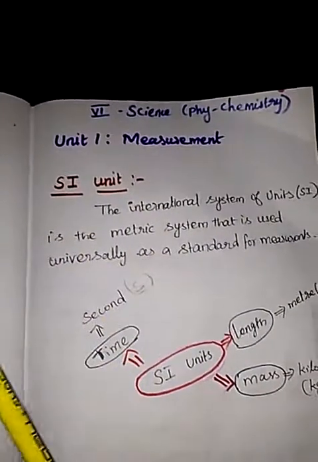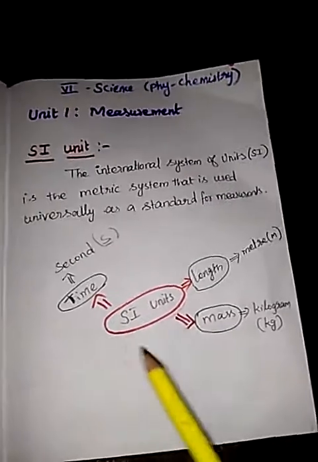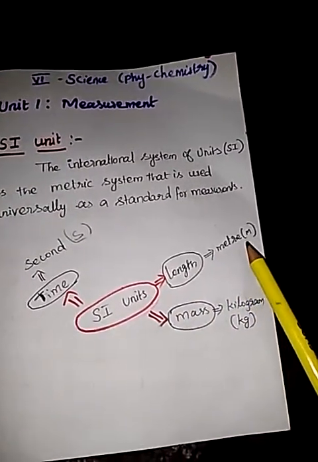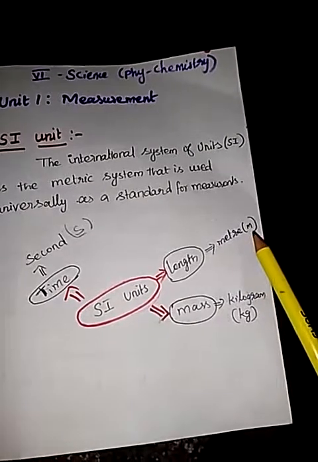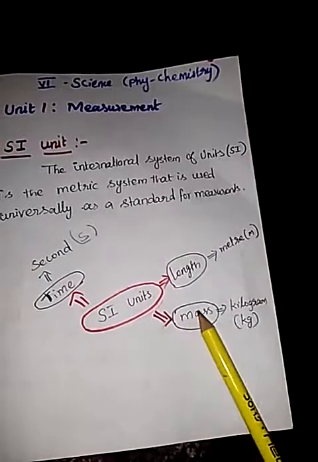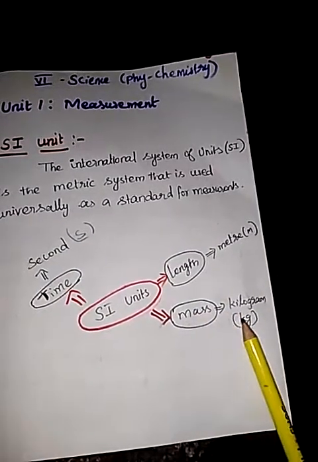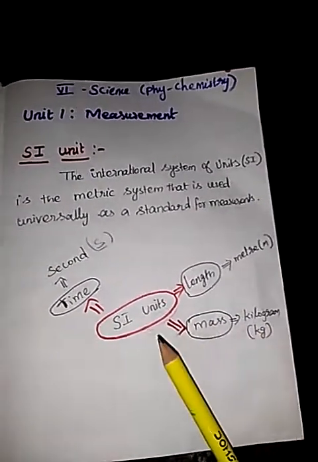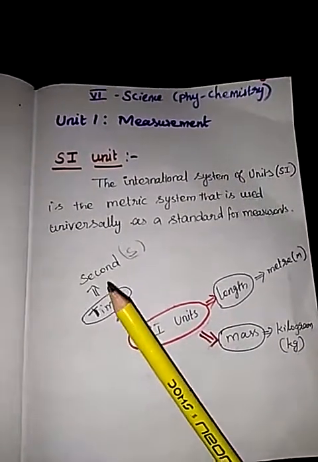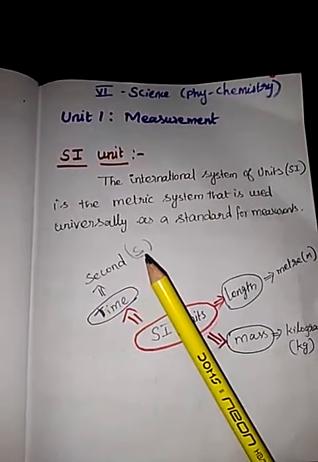The SI unit for length is meter. We denote meter as m. The SI unit for mass is kilogram, that is kg. The SI unit for time is second.